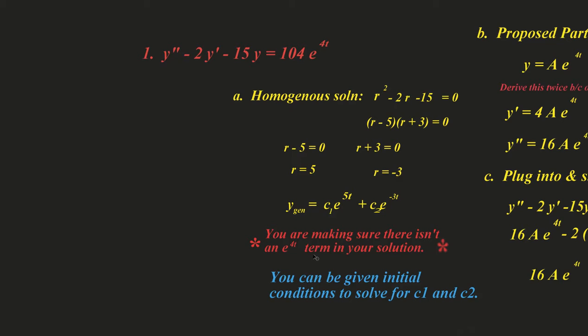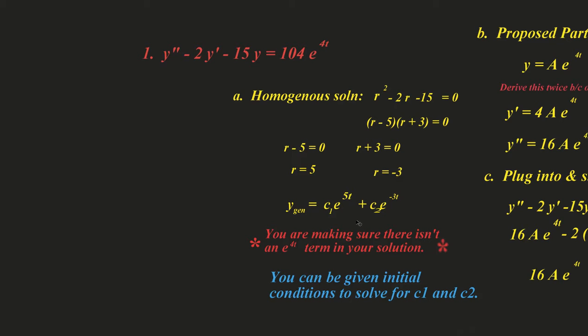Now, the reason we're doing that is because this is going to be part of your solution. Also, we wanted to make sure that there's no e to the 4t, because if you look at your f of t is going to be some number e to the 4t.